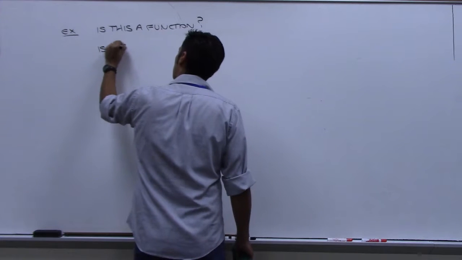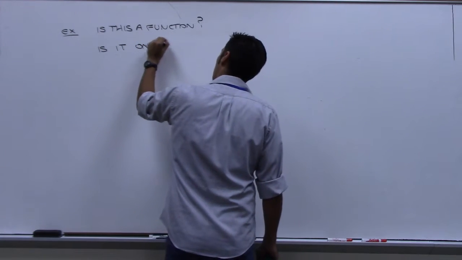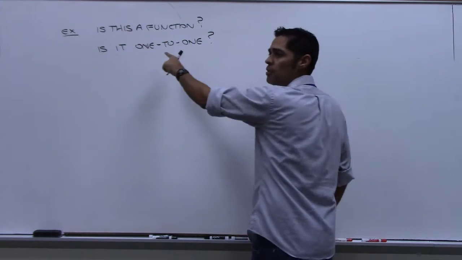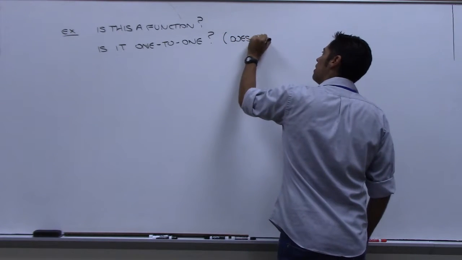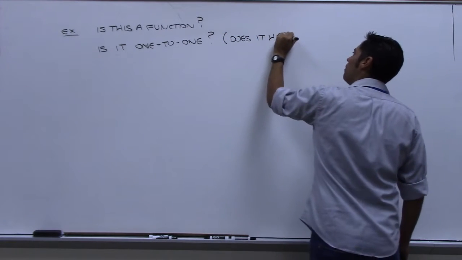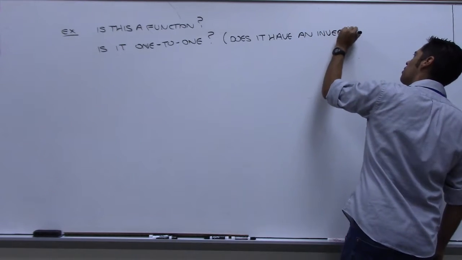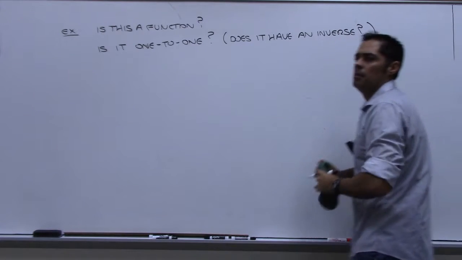Is it 1 to 1? Another question I could ask, instead of is it 1 to 1, is does it have an inverse? Those two questions are synonymous. They basically mean the same thing.